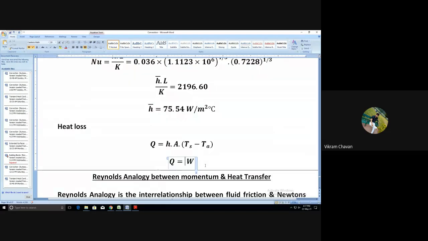'H' is already taken. Q area we have to calculate as 0.8 multiplied by 0.2. Ts is 85, Ta is 15. So 85 minus 15, that will be 70. 70 multiplied by 0.8 multiplied by 0.2 multiplied by 75.54.